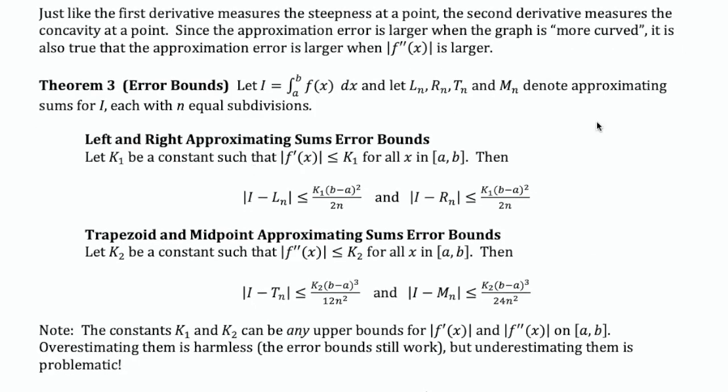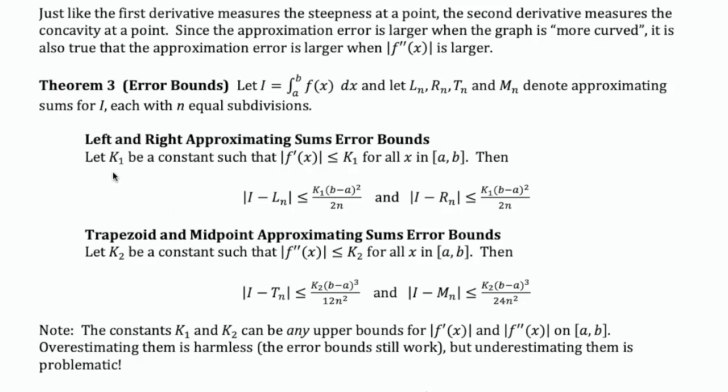If you want the actual explanation for where these formulas come from, again, I'm going to suggest that you look at the explanations in the textbook. But what Theorem 3 says is if you have an integral and you are using these approximating sums, then we know the left and right approximating sums are going to have a certain error bound that we can guarantee.